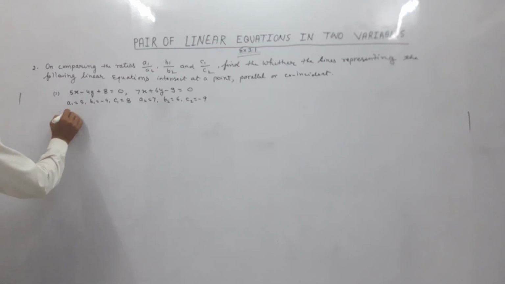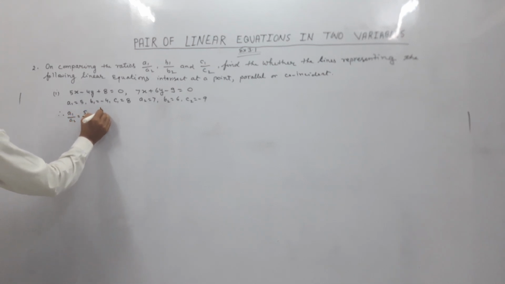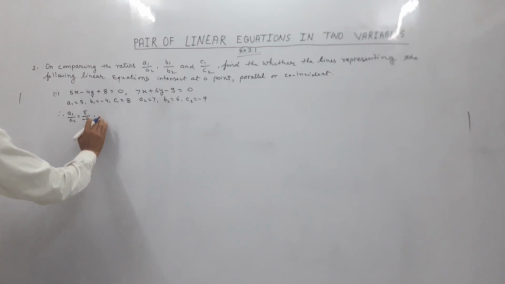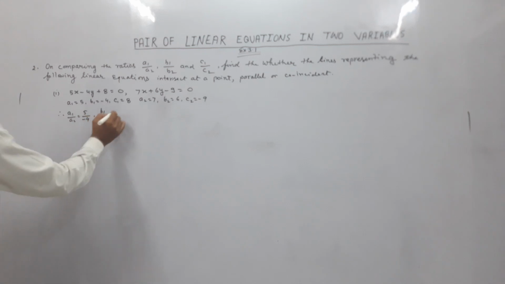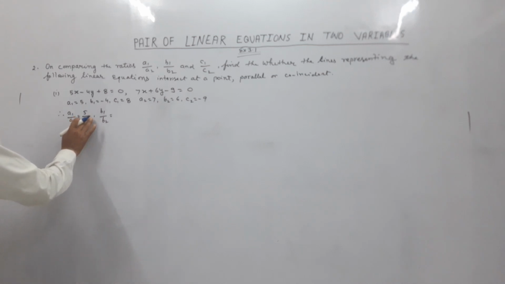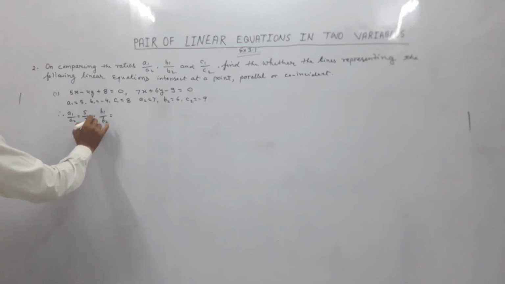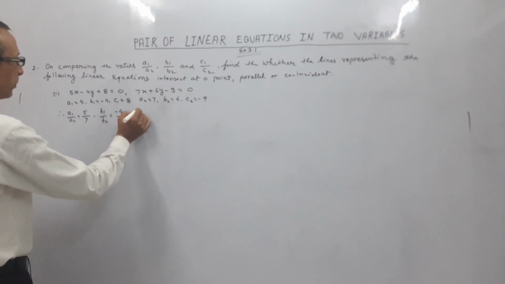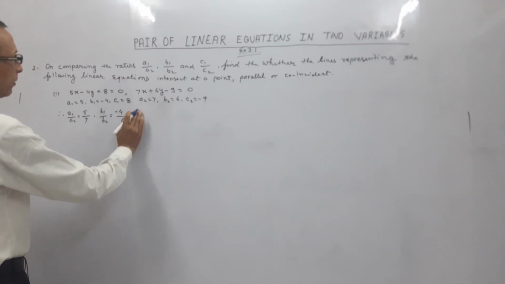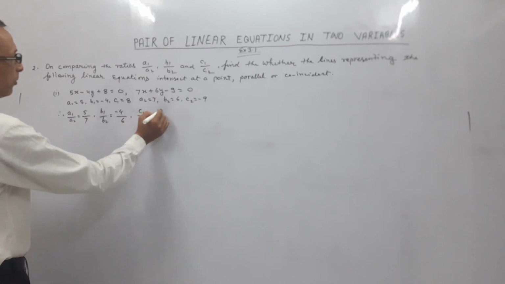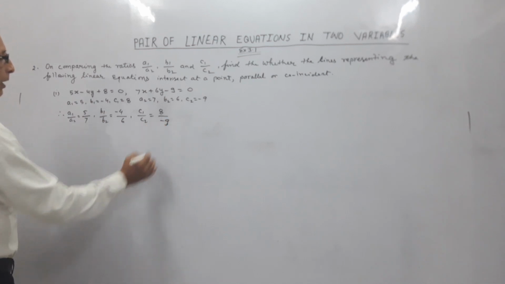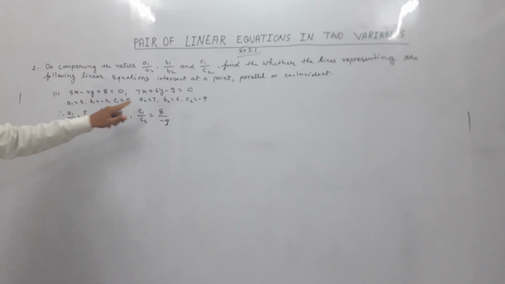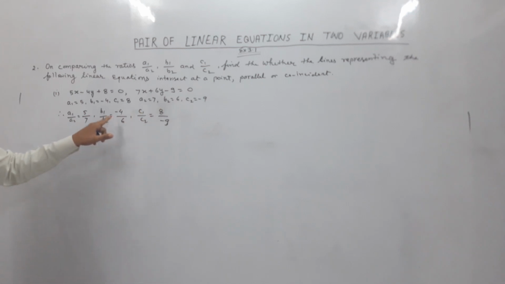So therefore find the ratios: A1 upon A2 equal to 5 upon 7, B1 upon B2 equal to minus 4 upon 6, and C1 upon C2 equal to 8 upon minus 9.